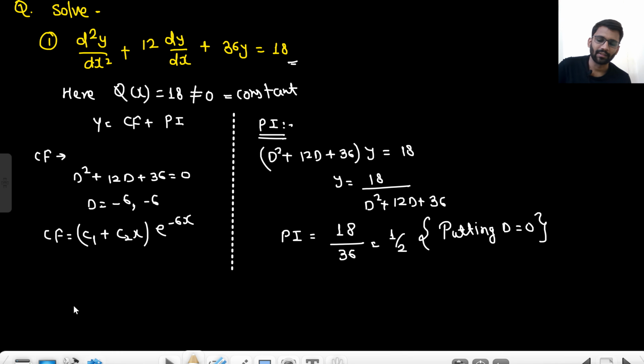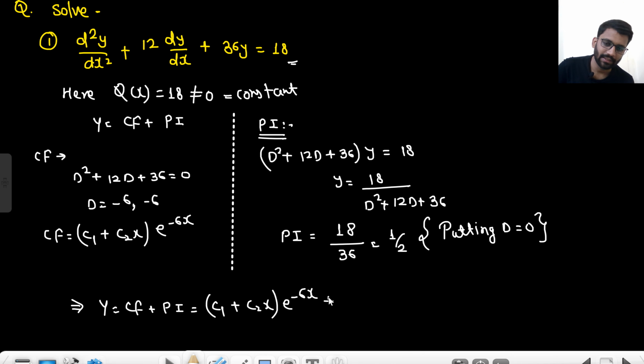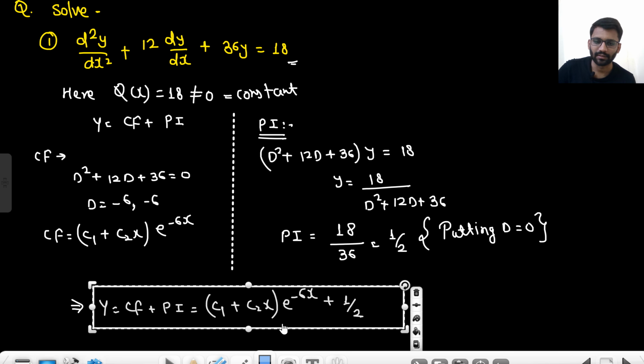So now what is your y? Y equals CF plus PI. CF is C1 plus C2x e to the power minus 6x, plus PI is 1 by 2. This is our final answer.